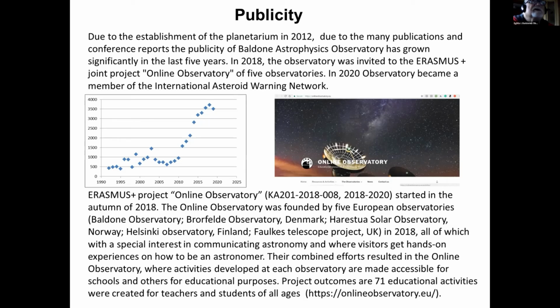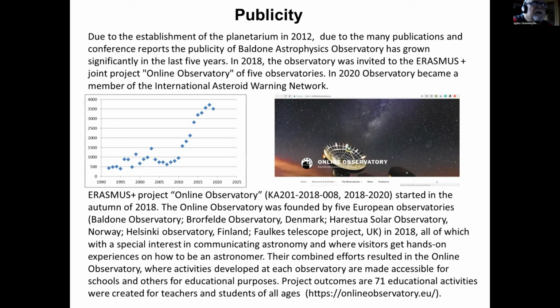In 2018, the observatory was invited to the Erasmus Plus project Online Observatory, and in 2020, the observatory became a member of the International Asteroid Warning Network.